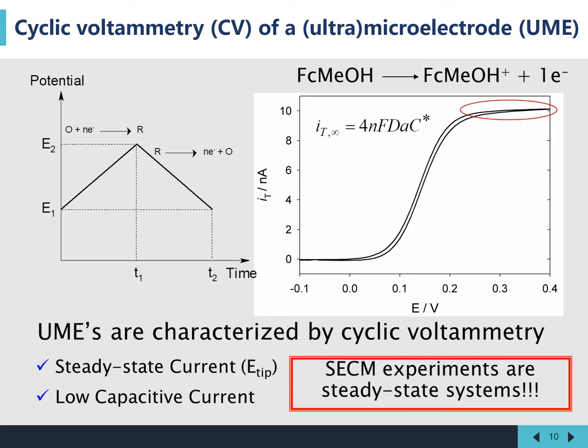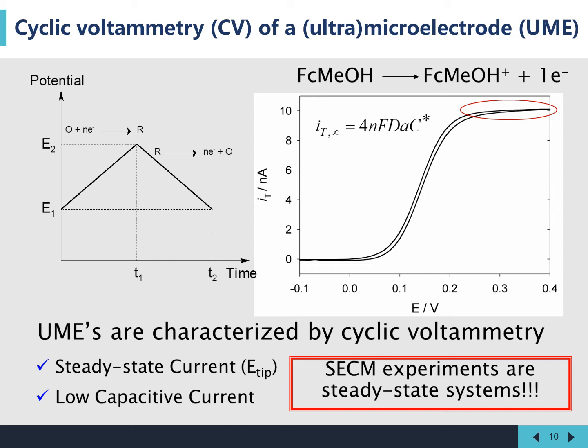Cyclic voltammetry, in abbreviation CV, is a method to characterize a microelectrode. In this method, a potential sweep will be performed, such as the plot on your left-hand side. On your right-hand side, this is a typical CV from a microelectrode inside ferrocenemethanol solution.